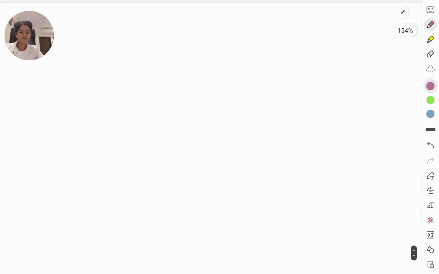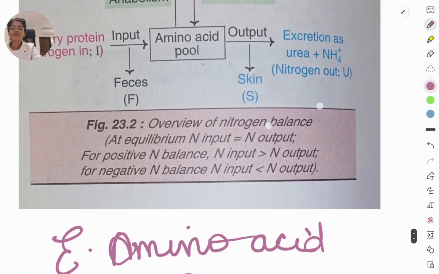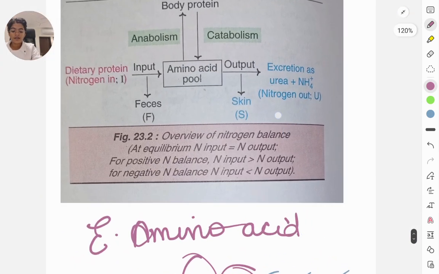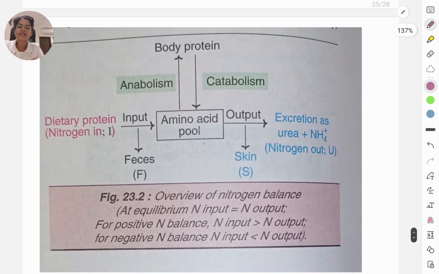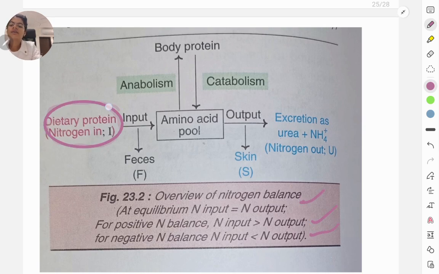Now let us see what comes after this fudge factor. Yeah, this diagram is actually very important. By this you can understand it easily. It's an overall overview of nitrogen balance, and all three conditions are given here. If we take this, it's the intake: dietary protein is taken in, input is there.